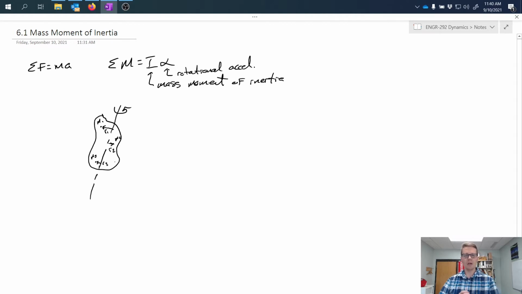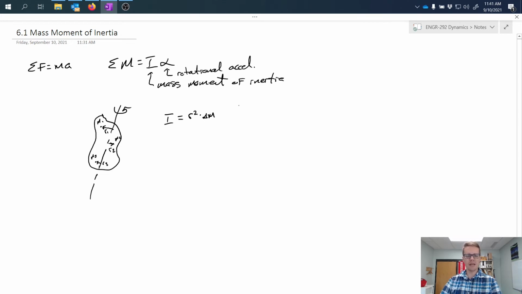So for any one particle, one of those little differential units of mass, I can calculate its contribution to the mass moment of inertia via the equation r squared delta m, where delta m is that little differential unit of mass. So I'm multiplying r squared by m.